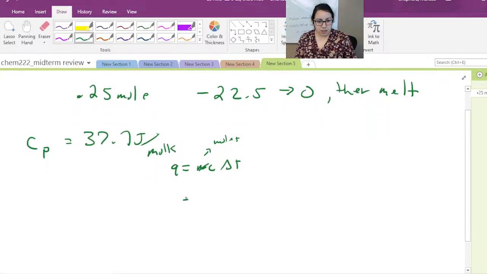And so then we did 22.5 times our 0.25 moles. So that's our delta T, our moles, and then our heat capacity, times 37.